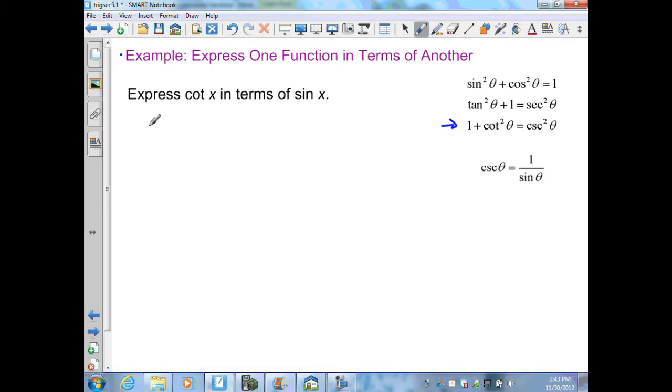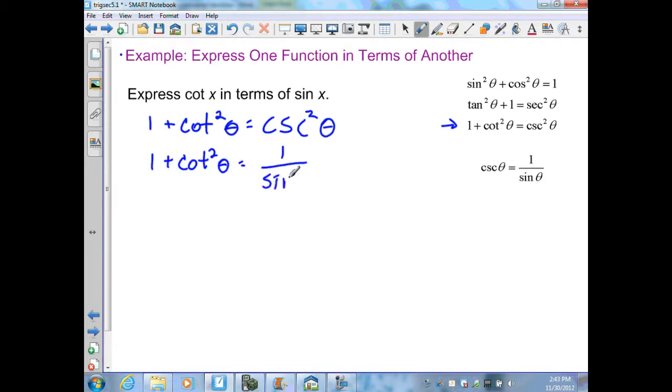So let's write 1 plus cotangent squared theta equals cosecant squared theta. Then I can rewrite this using my reciprocal function. 1 plus cotangent squared theta equals 1 over sine squared theta.